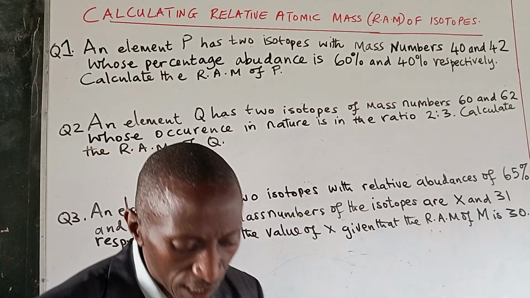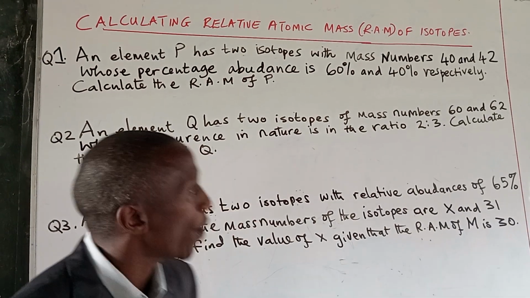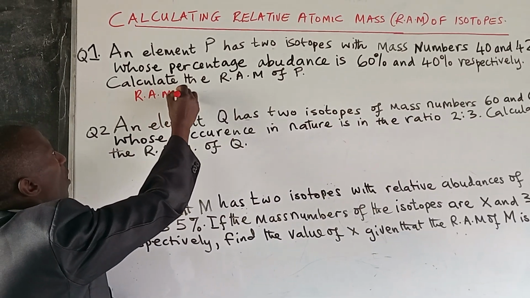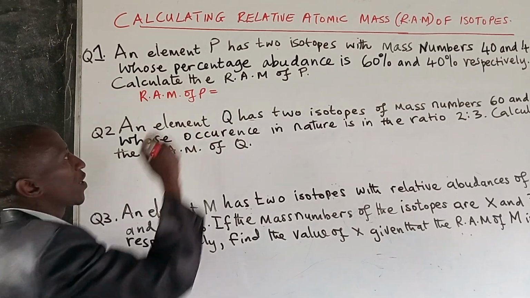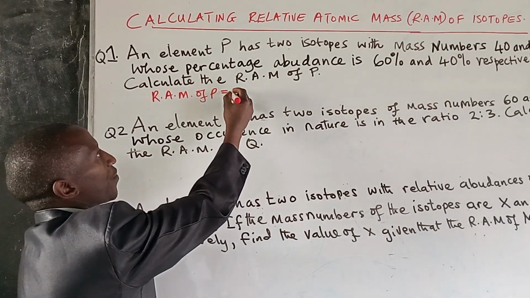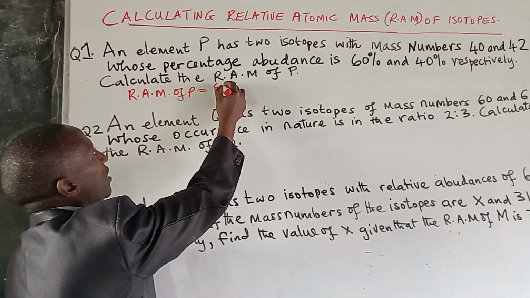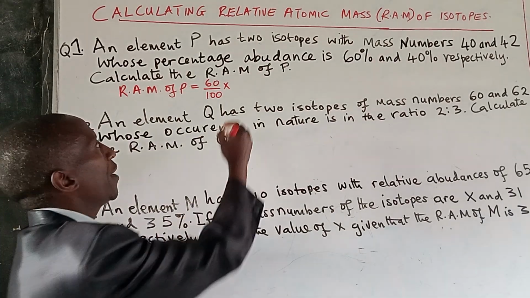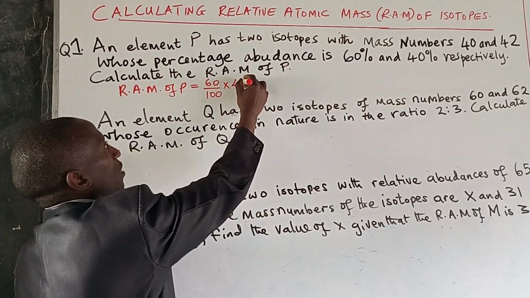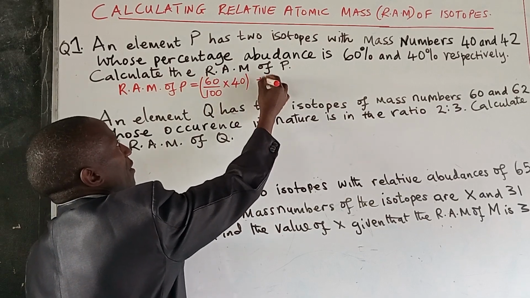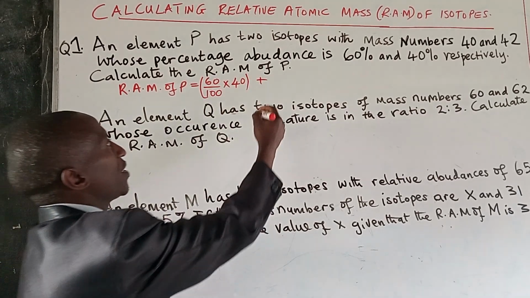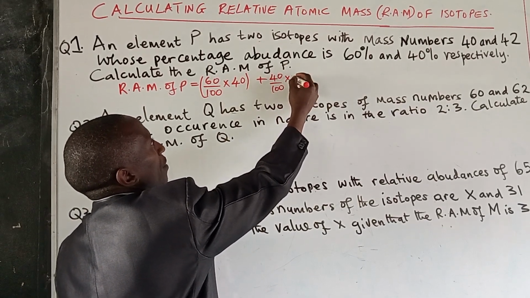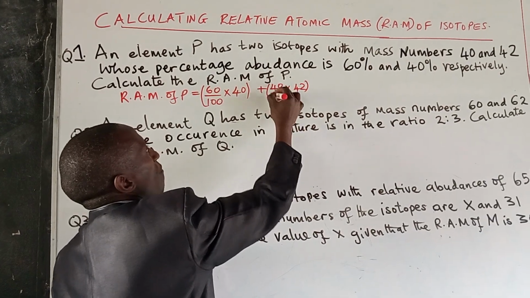Viewers, I would like us to do this together. The RAM of P is therefore calculated as: we take the first percentage, that is 60%, times the mass number, that is 40, plus we take the second percentage, which is 40%, multiplied by the mass number 42.